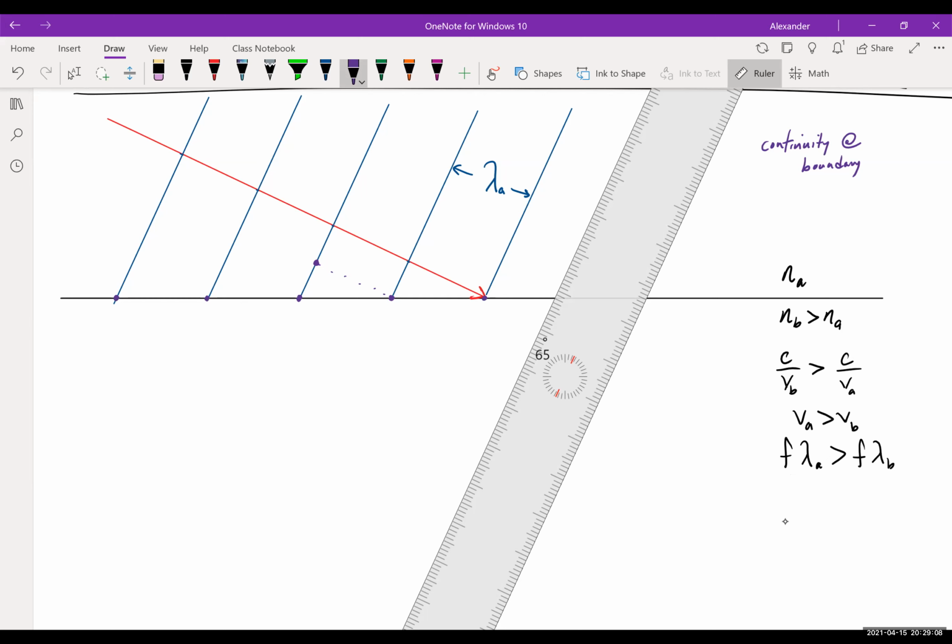They need to be a wavefront apart and also closer together somehow. Because the wavelength in medium B has to be smaller. There's only one way for that to happen.